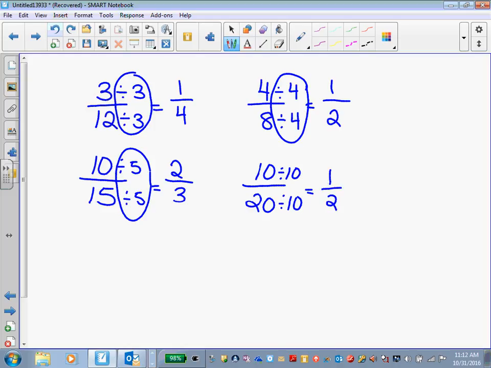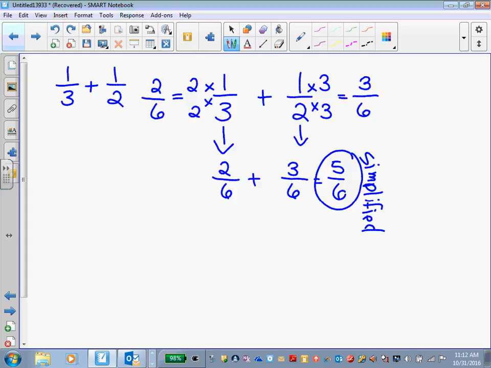If you did 22 over 44, what can you divide by? 11. Right. So it just depends on what the fraction is. Most of our fractions though, especially for right now, you're going to be dealing with single digit divisors.